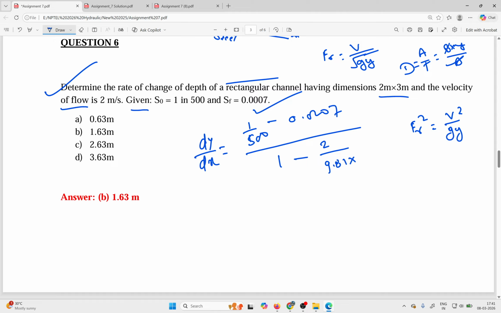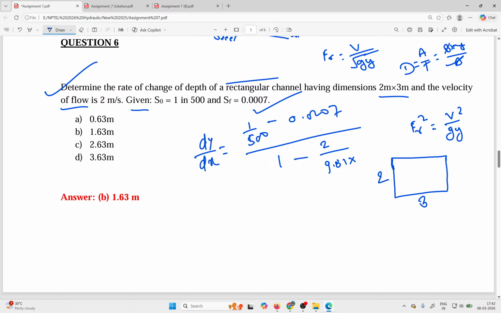Okay, so here you have determine the rate of change of depth of a rectangular channel having the dimension. This means the cross sectional dimension is given here. So this 2 may be your depth and 3 may be the width. Okay, but here it is not written very clearly.